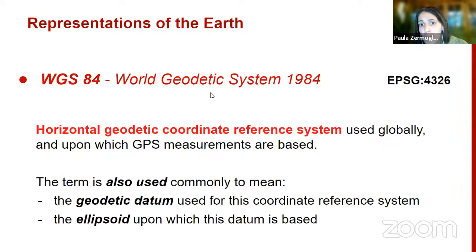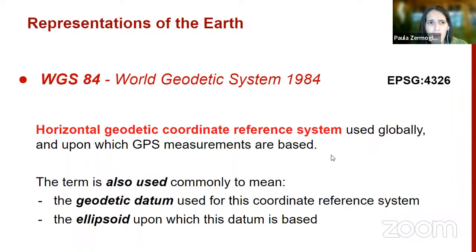The WGS 84 reference system is described by this code here, EPSG 4326, is a horizontal geodetic coordinate reference system that we use globally. And GPS measurements are usually based on this reference system.